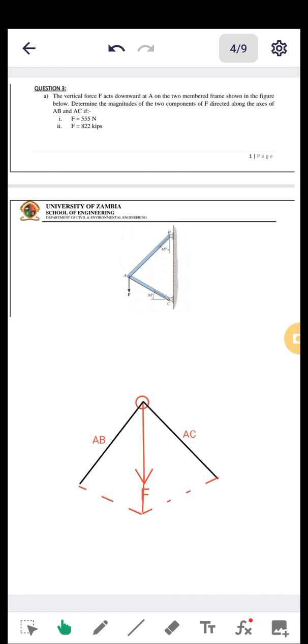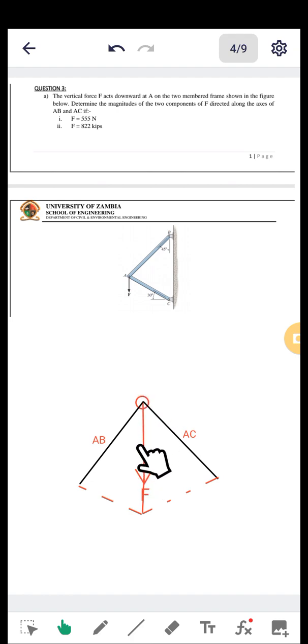Okay, so now as you can see, the way they have phrased the question, they are saying force AB, so meaning that this line and this perpendicular line are at a 90 degree.